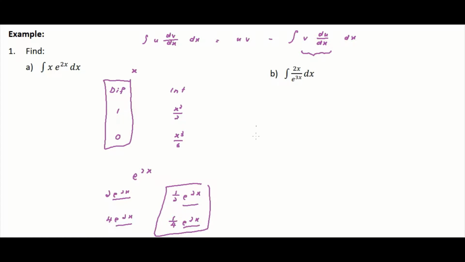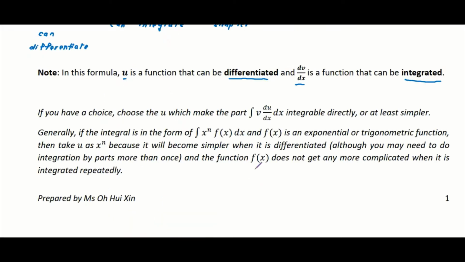Some tips that I have put in your notes: if you have an integral in the form of x to the power of n times f(x), normally, if your f(x) is an exponential function, like we have e^(2x) just now, or a trigonometric function, sine or cos, we always put f(x), meaning the dv/dx part, as the exponential or the trigonometric.